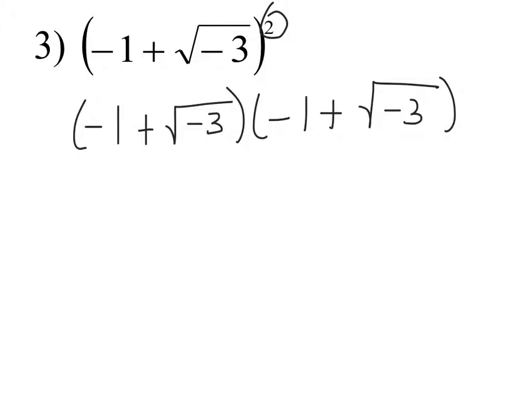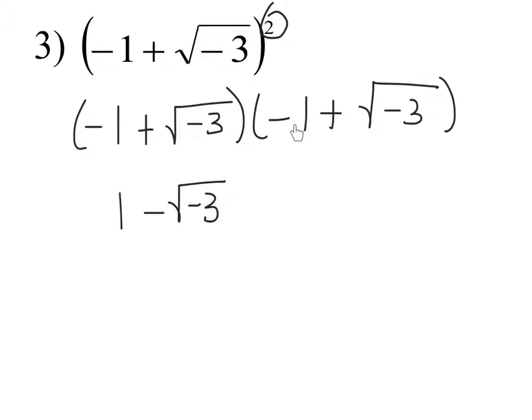Okay, so we're going to multiply this -1 times this -1, and that's going to give us a +1. And then we're going to multiply this -1 times this root -3, and that's going to give us a minus root -3. And then we're going to do it again with the inside.